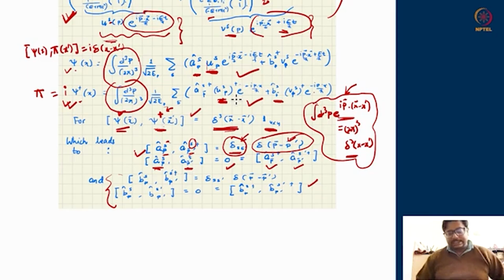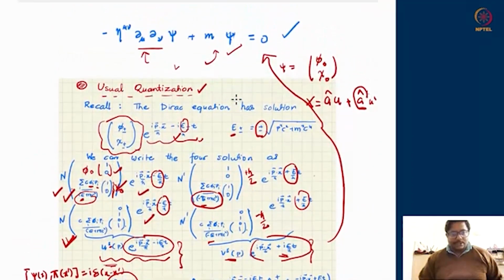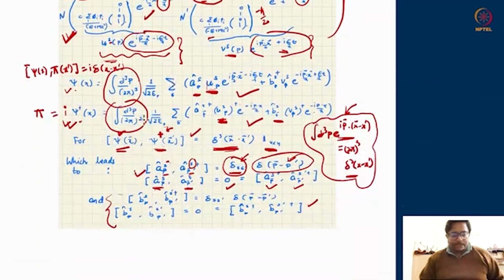So this is nothing mysterious. The only thing is that we started with an oscillator kind of equation. It has more than one component, therefore we are getting more than one operator set.